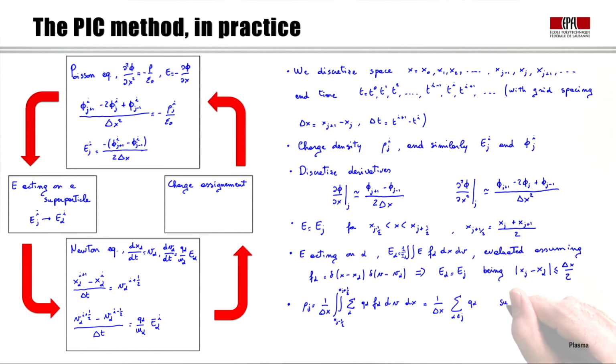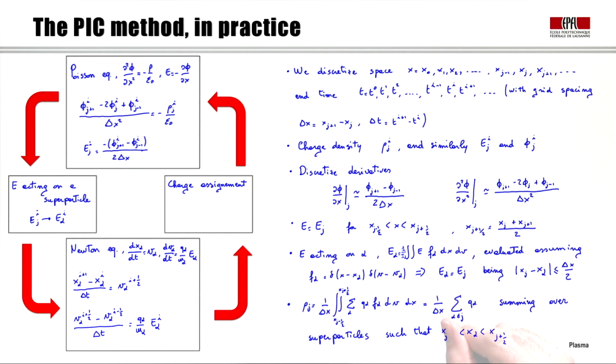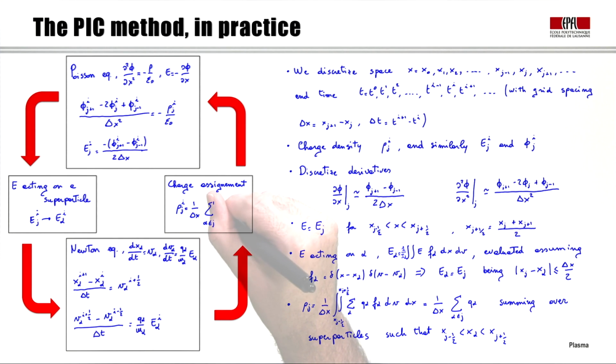And let's write it explicitly: summing over alpha that belongs to j, we mean summing over superparticles such that their position is in between x j minus 1 half and x j plus 1 half, from which we can close our system by assigning rho j, as we have seen, as the sum over all particles that belong to the jth cell.